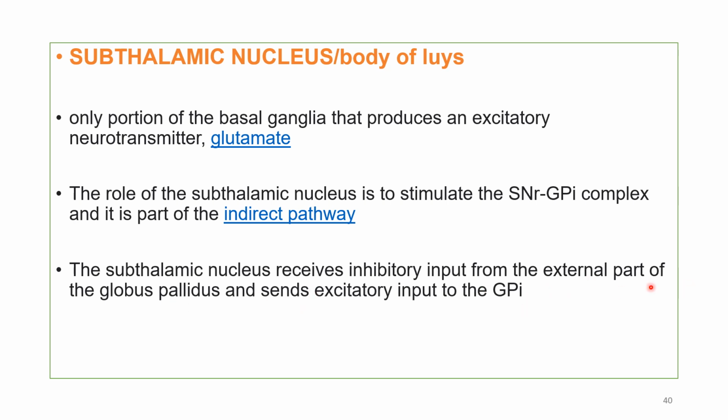When the cortex is stimulating the striatum, this striatum will excite the external part of the globus pallidus, and it will release GABA as a neurotransmitter. So the GPE will be inhibited. So there will be disinhibition of the subthalamus, and it will stimulate this complex, and this will inhibit the thalamus, and the thalamus won't generate signals to the striatum or the cortex. So the unwanted movement is inhibited.